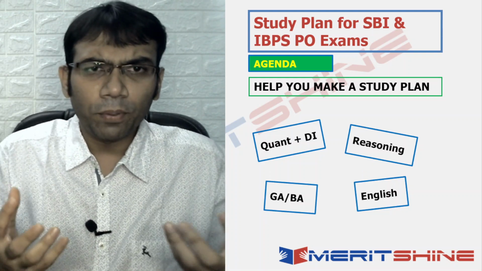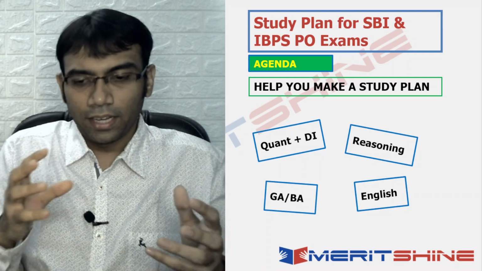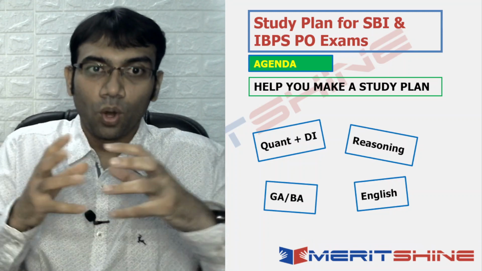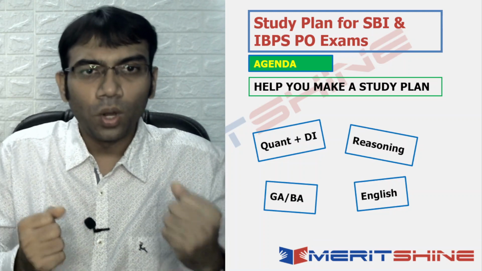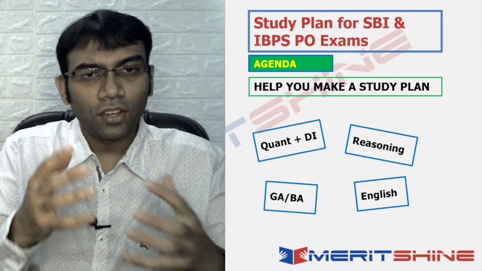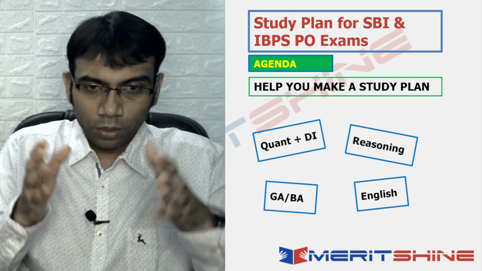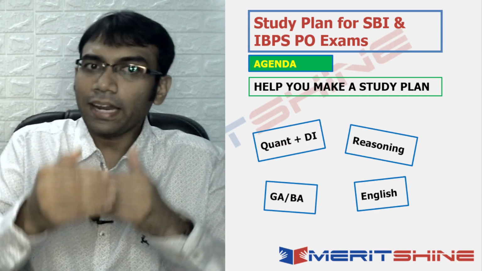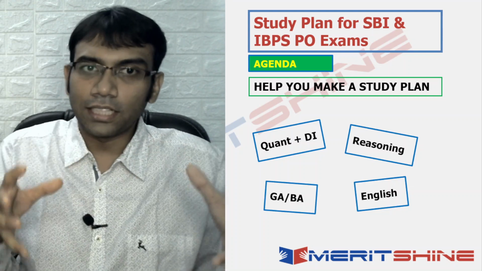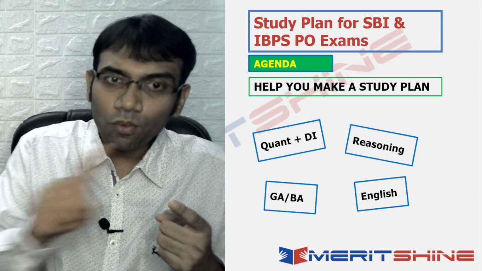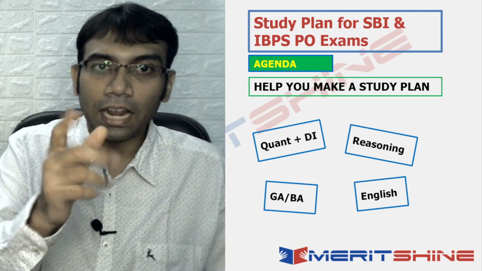Now there would be people obviously who would be in between, right? They have started 2-3 months back and they are done with half of what they needed to do, and they are left with another half. So obviously if we talk about both the extremes, the person who is in between can plan accordingly in whatever stage he is. So I would be talking about both the extremes so that anyone in the spectrum is helped, right?